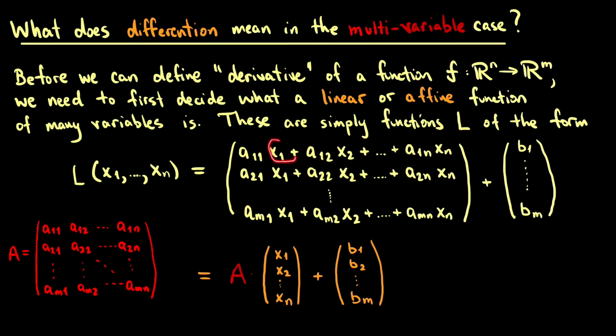Each variable gets its own slope. Okay, so you write this. And of course you have another free variable here, which changes the height of the graph. Okay, so the first coordinate of the output looks linear like that.